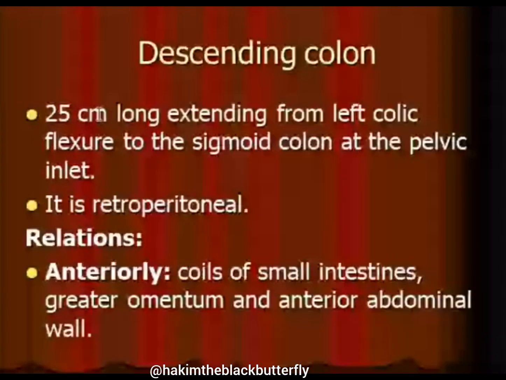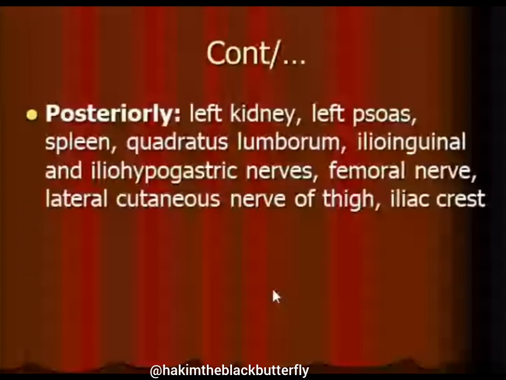The descending colon is between 10 to 25 centimeters in length. It is also retroperitoneal, lying behind the peritoneum. Anterior to it are the coils of the small intestines, the greater omentum, and then the anterior abdominal wall, almost similar to the ascending colon. Posterior to it, you have the left kidney, the muscles of the posterior abdominal wall, the nerves coming from L1, the femoral nerve, the lateral cutaneous nerve of the thigh, and the iliac crest.